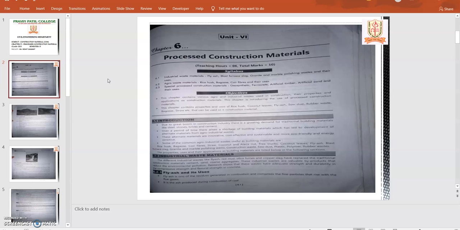So let me start with the first material, that is fly ash, and its uses. Fly ash is one of the residues generated in combustion and comprises the fine particles that rise with the flue gases.